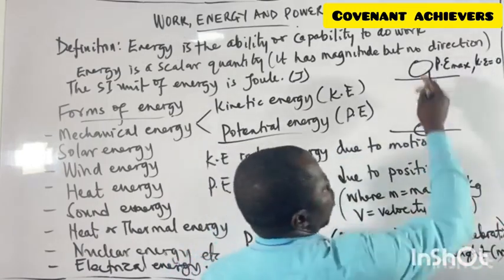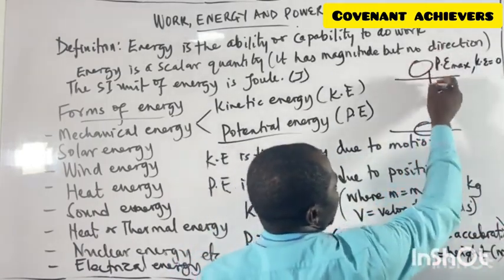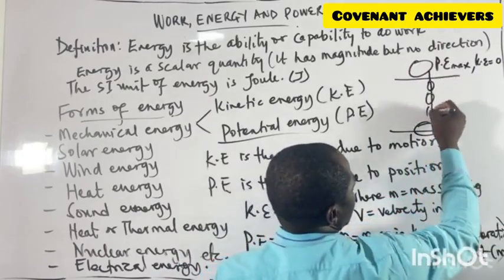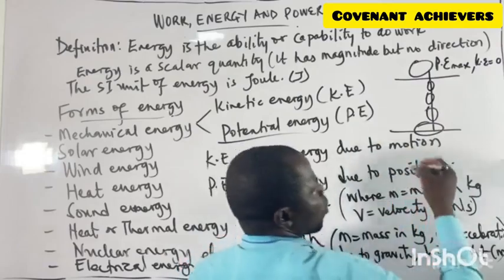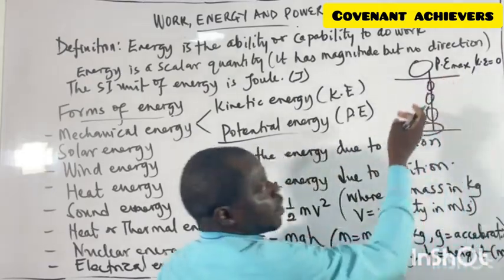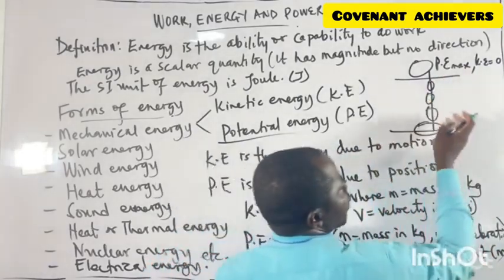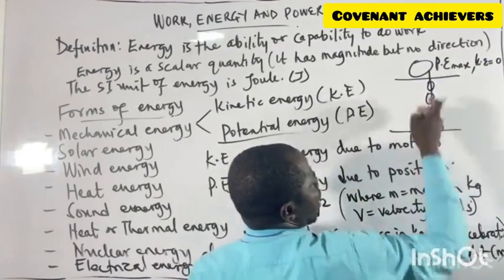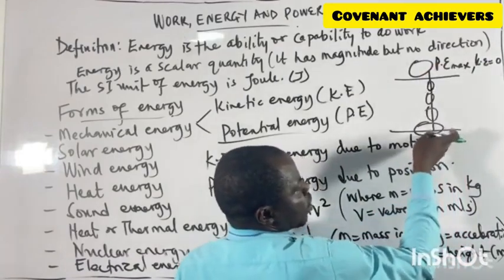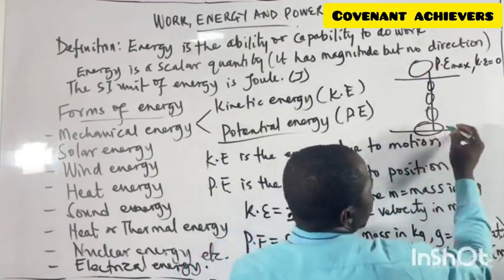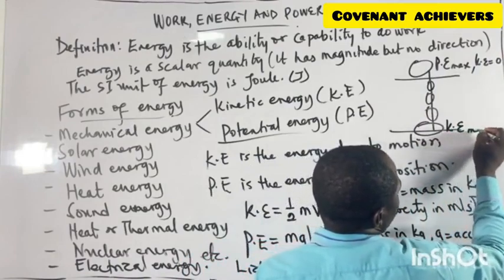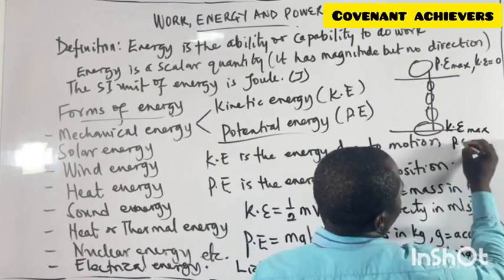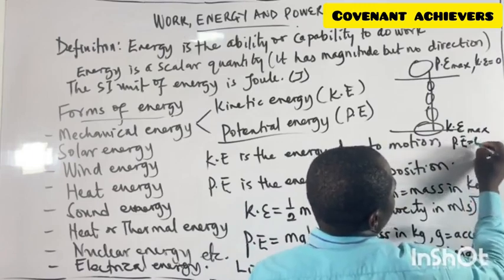Immediately this object leaves this position and is dropping down, we are going to see that the potential energy will be reducing and the kinetic energy will be increasing because it is now due to motion. So at the point where it strikes the floor, the kinetic energy is going to be maximum, while the potential energy is going to be 0.